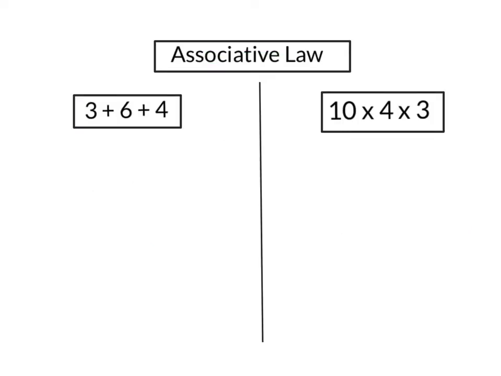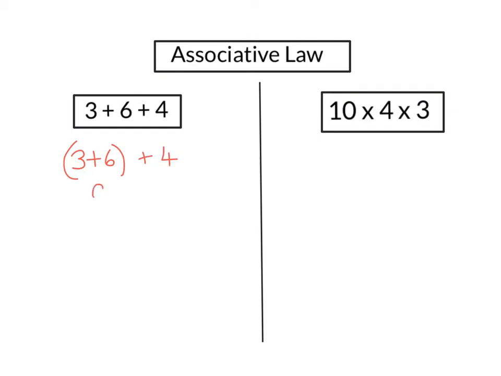Associative law is very similar to commutative law, but it involves more than 2 numbers, and again you can do them in any way around you want. So for example, for this addition question here, I could do 3 add 6 first, and then do add 4.